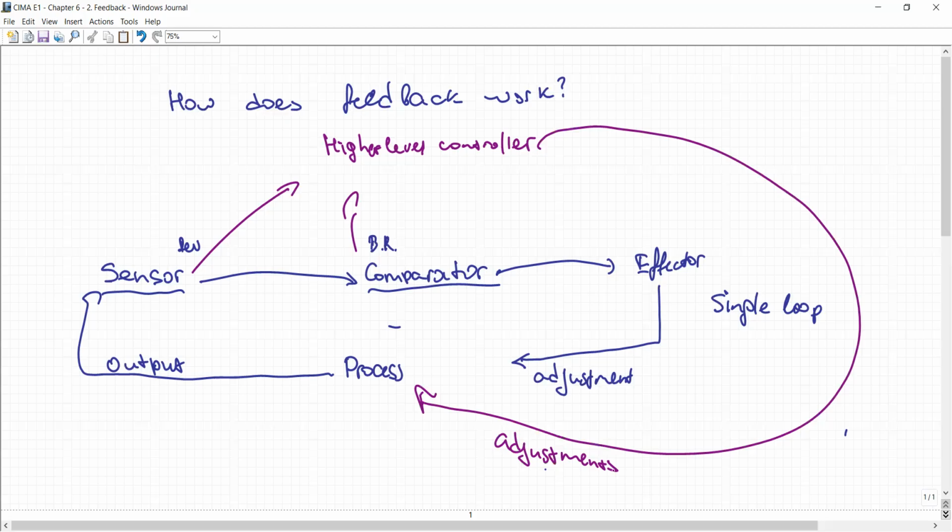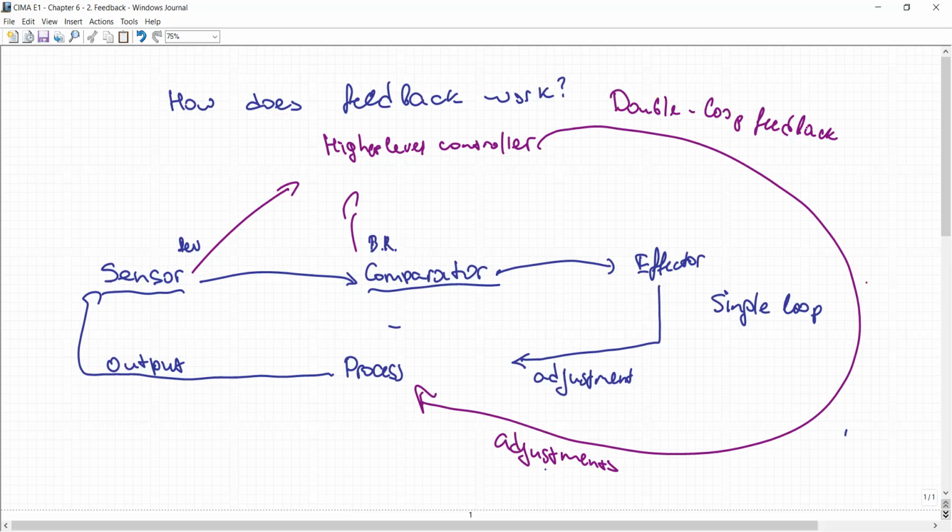The first one was called single loop feedback, and this is called double loop because we have two loops here. Double loop feedback. And when the process is changed by this high-level controller, the output is going to change as well, and the sensor will measure the changed output, and again will give the feedback to the comparator or higher-level controller.